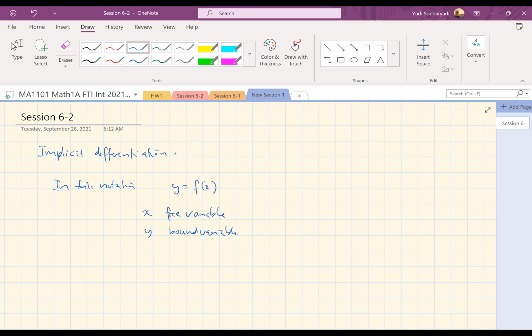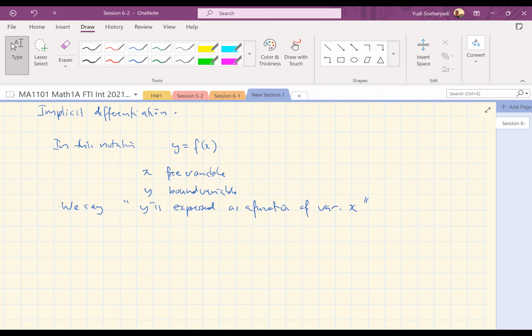So in this case we say that y is expressed in terms of x, as a function of the variable x. So this kind of thing we say is explicit.